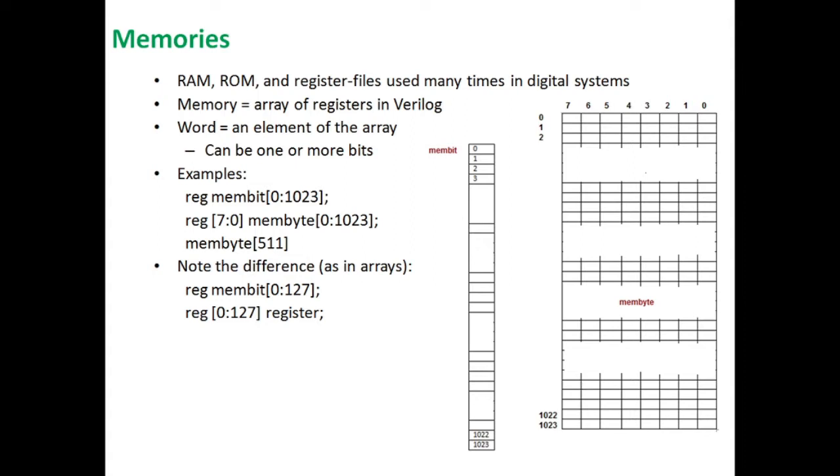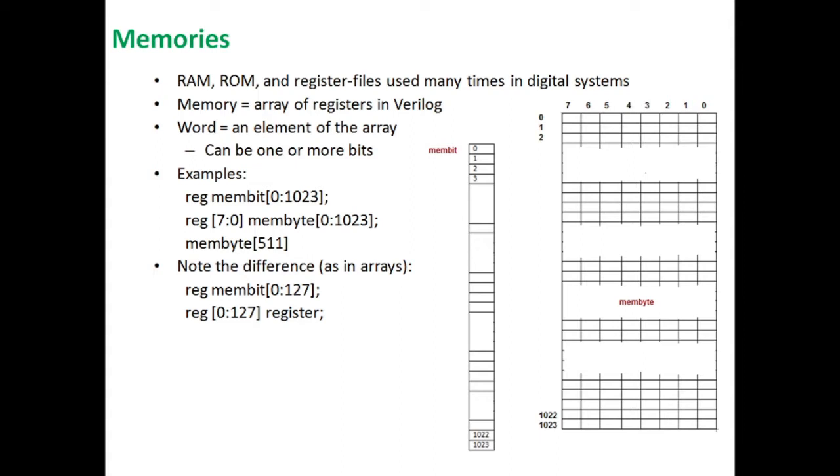The most commonly found register files in our digital electronics are the RAM chip as well as the ROM chip, which act as primary or secondary memories. So these memories also have to be modeled by using the Verilog HDL language.